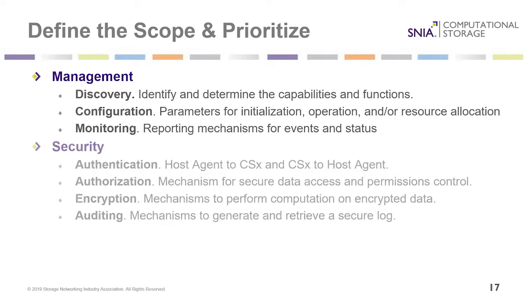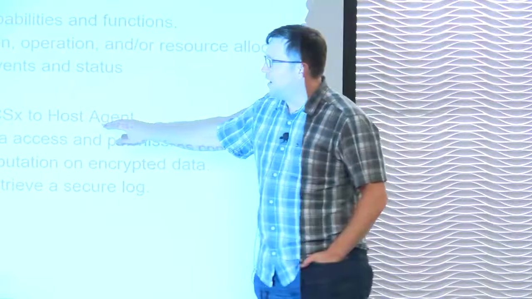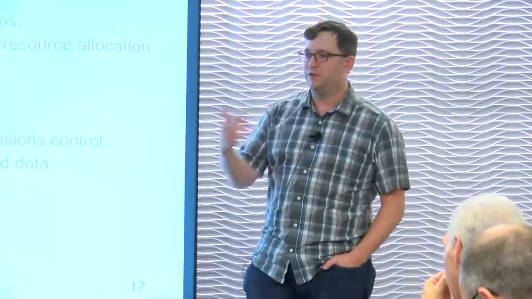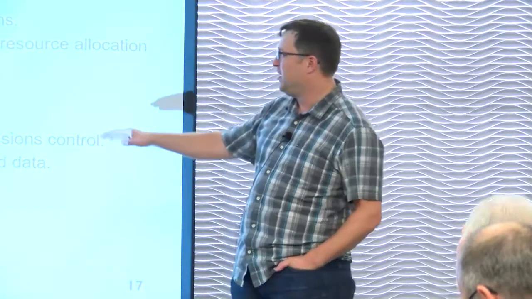If we move forward to the next one, security. Another thing that's important, when you think about this, is that we're moving processing of data off of a host processor and onto another processor. That implies that there's a different computational engine that's actually doing something with some kind of host data. To do that, we need to make sure that we're authenticating the device that's down there, that it's coming from the manufacturer that we think it's coming from.